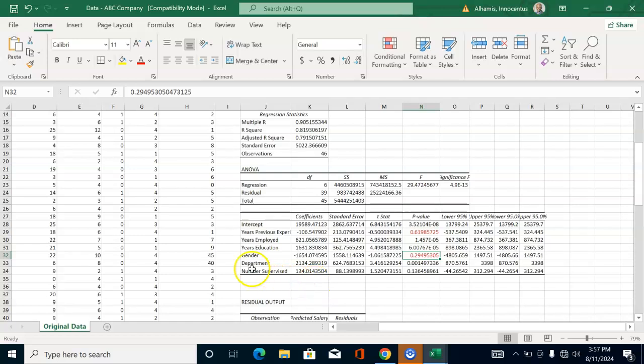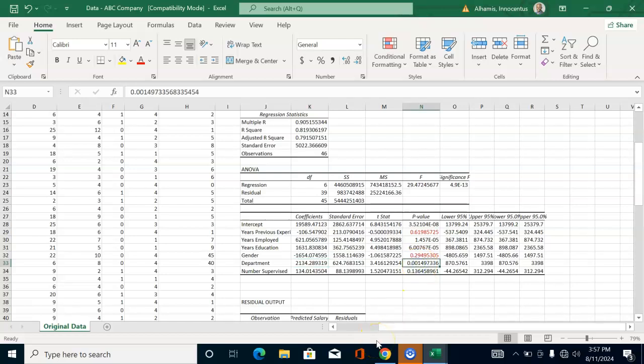And then we are going to look at the department. We can see that the department you are in will give you this amount. If you move from one department to another, it will give you 2,134.29. But that amount can only be significant depending on the probability value. So let's look at the probability value.